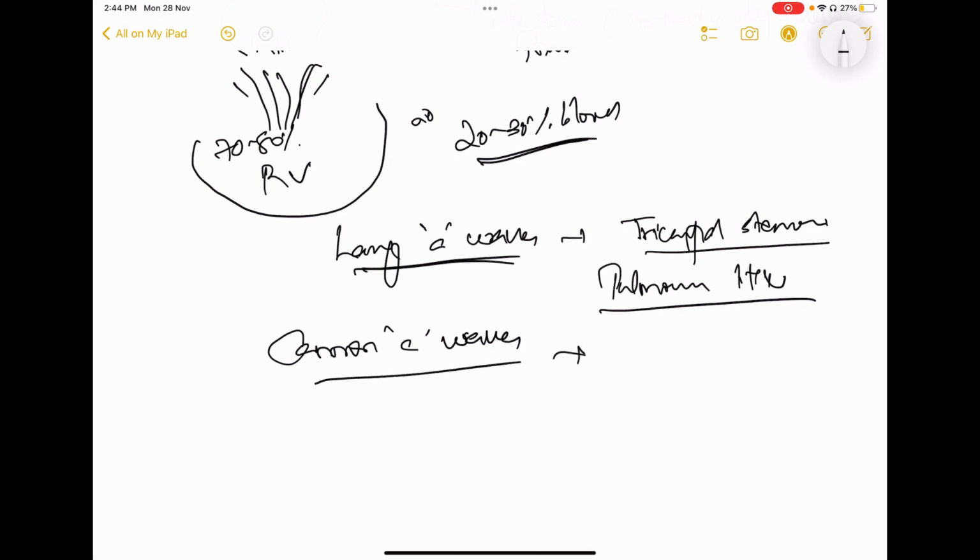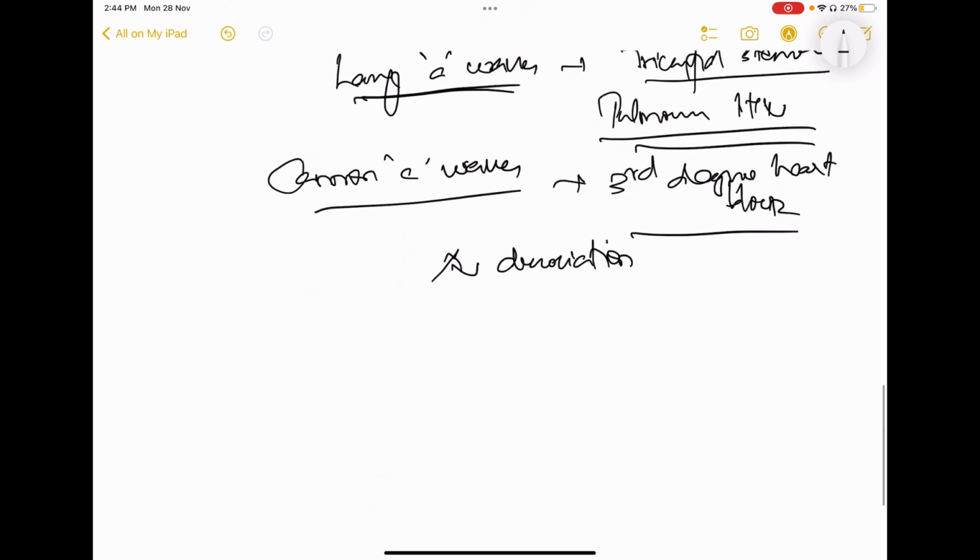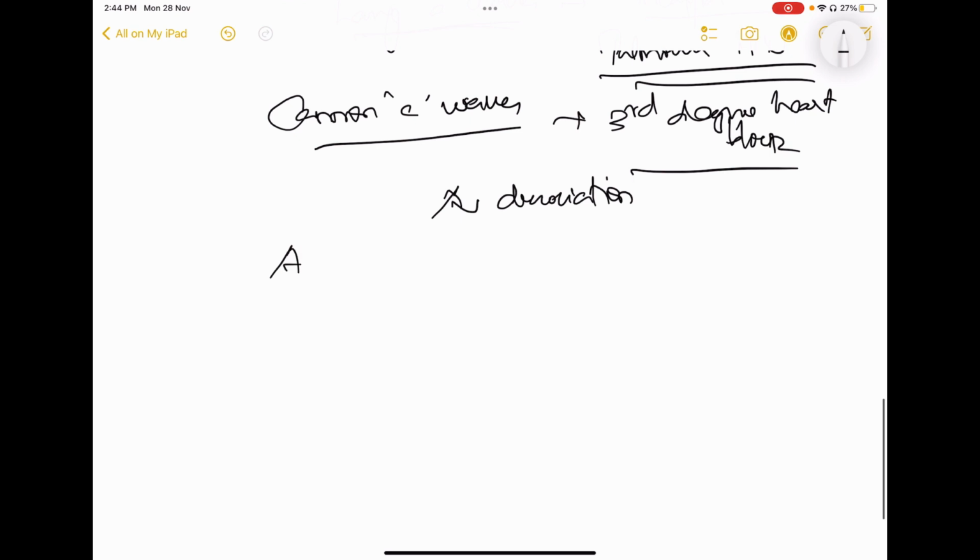The other condition that they might ask you is Canon A waves. Canon A waves are seen in third degree heart block. In third degree heart block, there is complete AV dissociation, meaning to say atria contract independently of the ventricle.